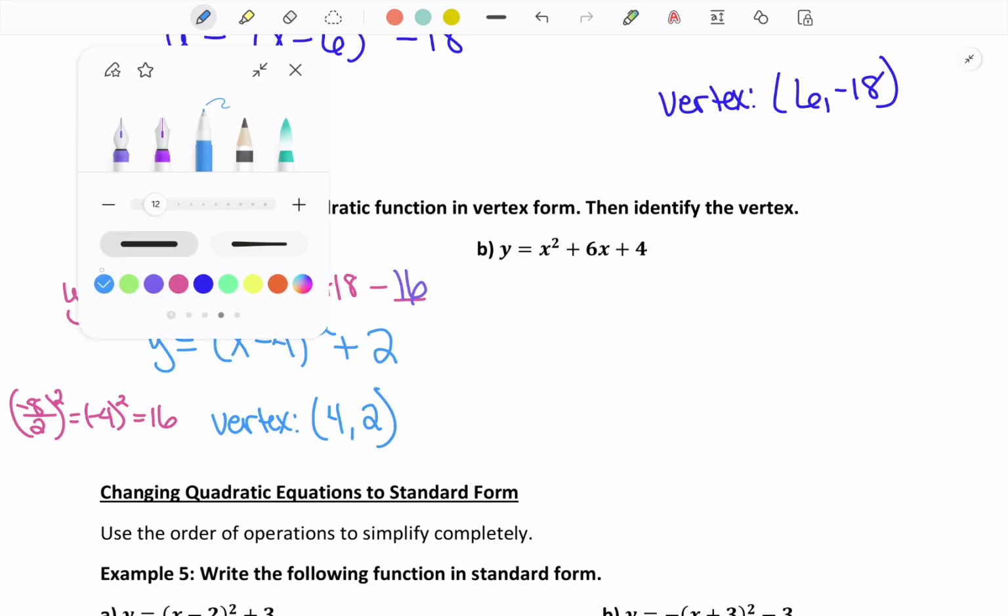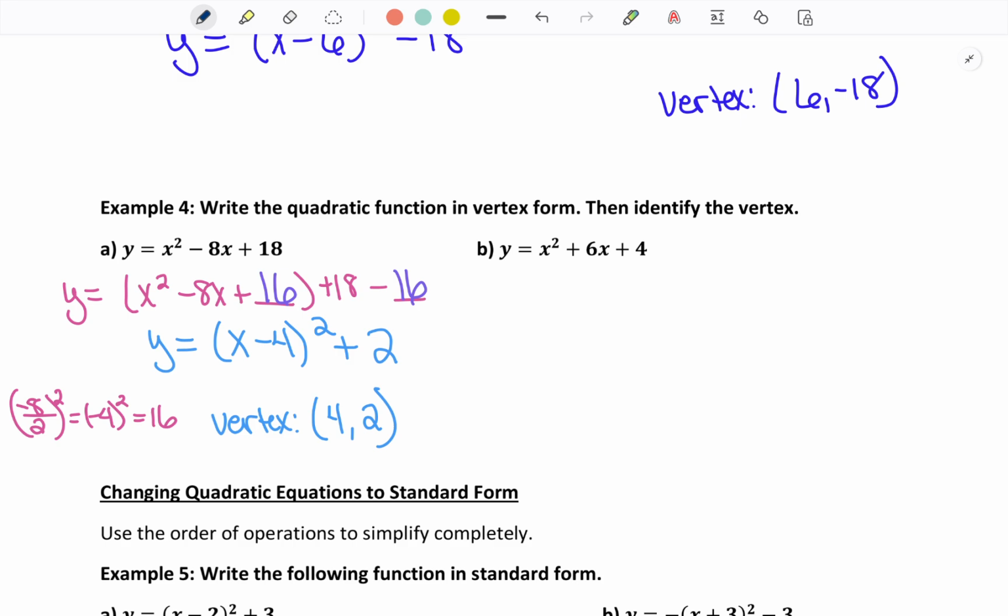All right, so now I want you to go ahead and pause the video and try this on your own for B. Then you can hit play to see how you did. All right, so for B, you should have y equals x squared plus 6x plus something, and then the plus 4 minus something.